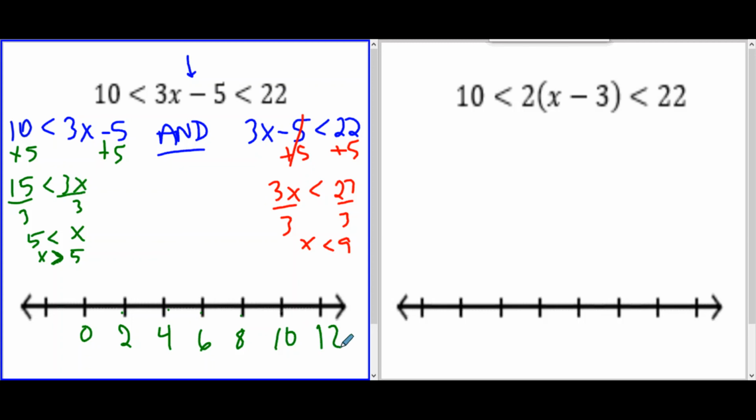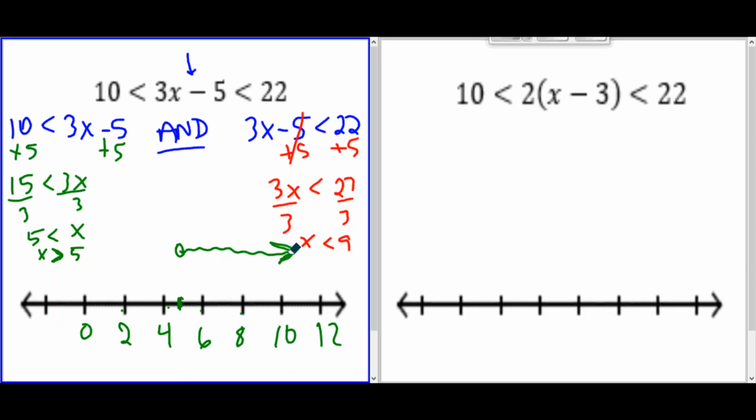So our first one, x is bigger than 5, that's the green piece. So here's 5, and here's x is bigger than 5. Then I'm going to plot the red part, x is less than 9. So here's about 9 on this number line. Open circle at 9, shade to the left of 9.